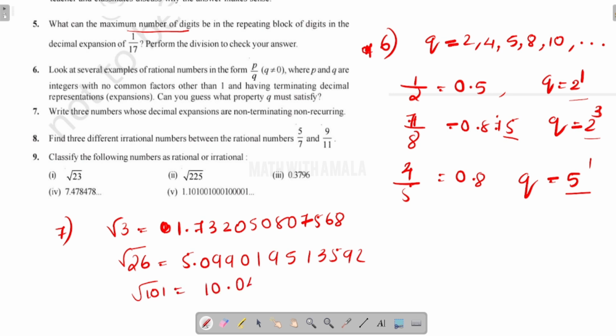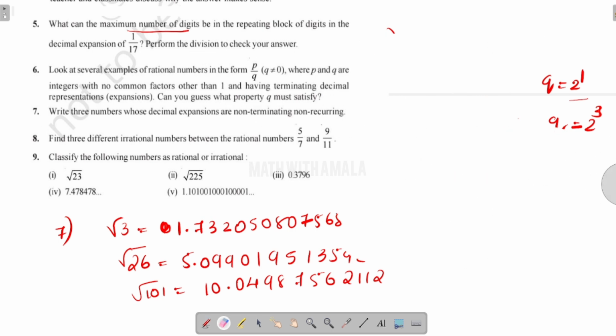Actually, this value is not terminating or recurring. Nothing is getting repeated in between. Root 26, root 101. These numbers are having different digits when we divide with the continuous long division method. The next example we can give is the pi value, which is having 1.2 trillion decimal places right now.